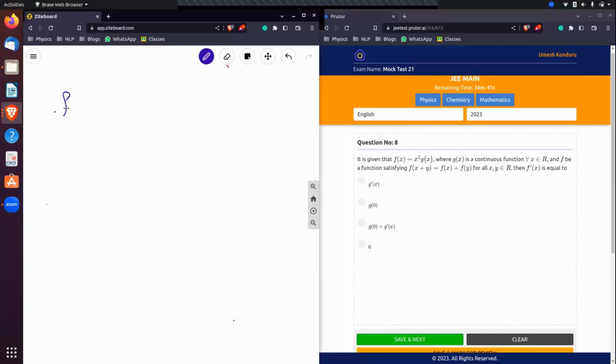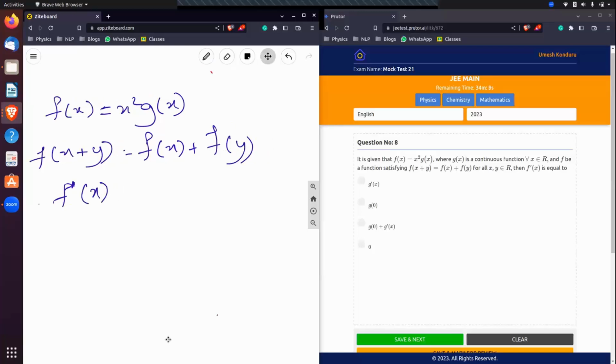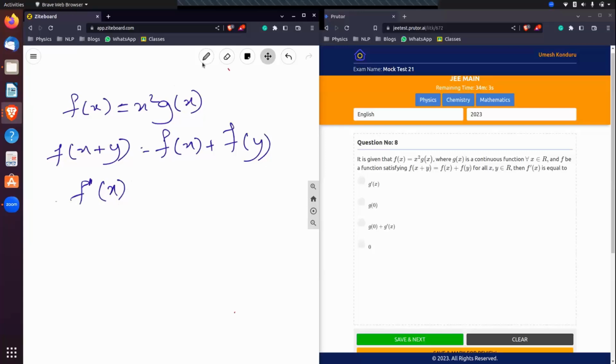It's given that f of x equals x square g of x, and also that f of x plus y is given. And what you have to figure out is f prime of x. So let's do what we did earlier. It's just differentiate this thing and see what we get: 2x g of x plus x square g prime of x.